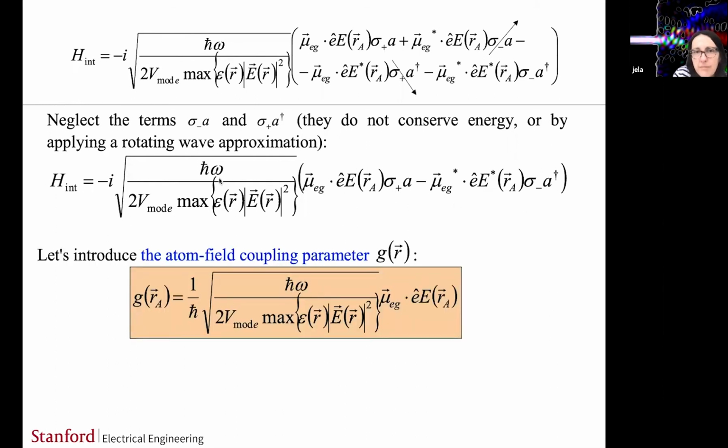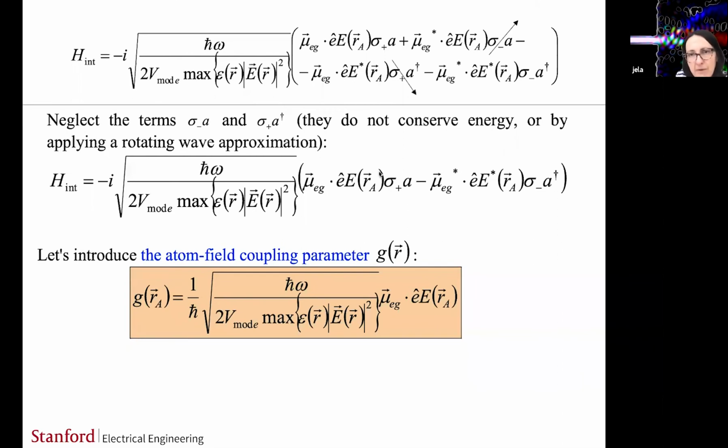So a few extra notes, right? It's a little bit of a messy expression. We can put it in a nicer form by introducing something that people call the atom-field coupling parameter, G, right? That parameter is everything in this expression other than these operators, and just an imaginary constant.